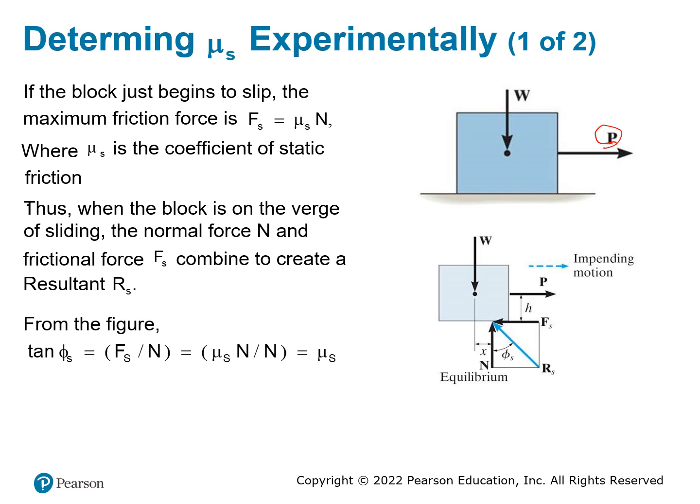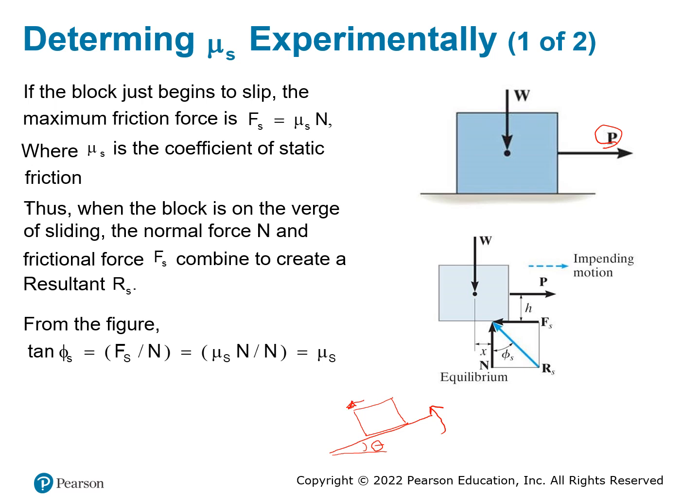But the other way you can do it is to put the object on a plank and tilt it. So if you put a block like this and slowly increase the angle up to a certain angle, it will start to slide.